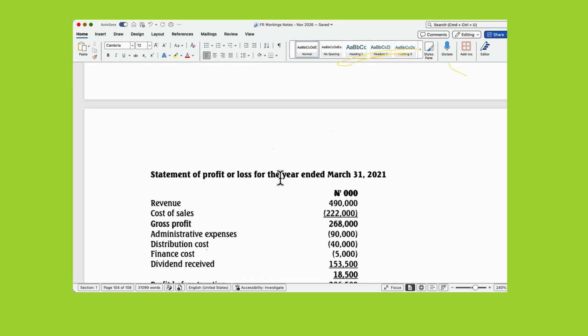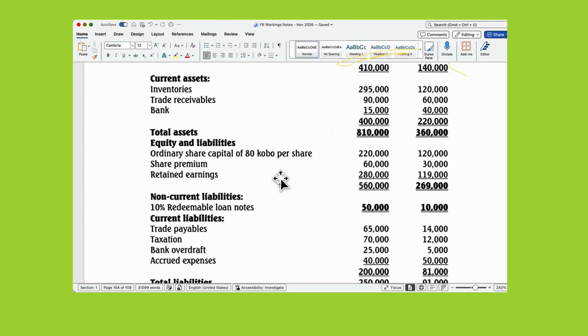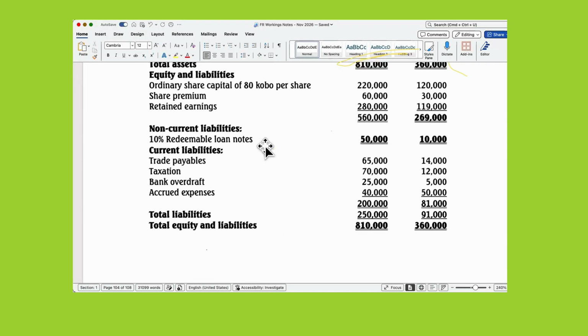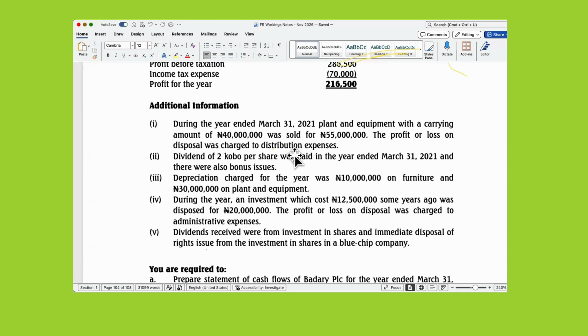So that's the retained earnings. I move to the redeemable loan notes. That one increased by 40. Since the notes didn't address that, I'm going to assume it is entirely received.